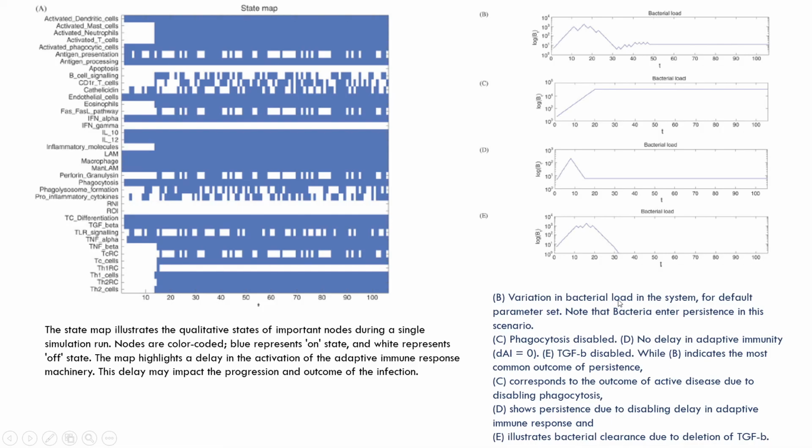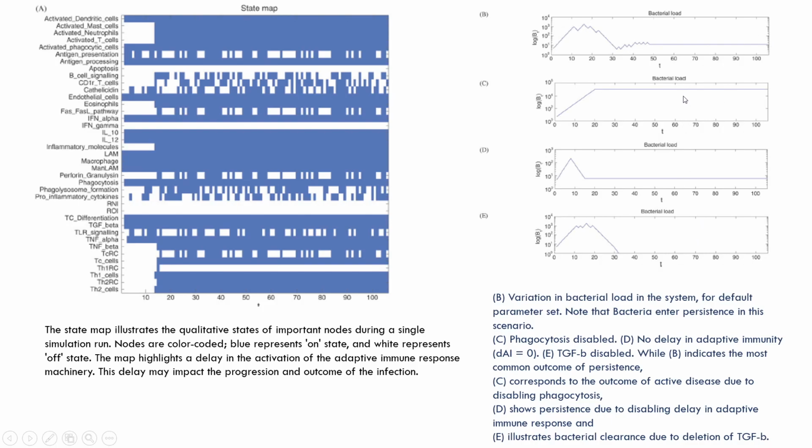So if you delete TGF beta, knockout or something. Sorry, the first one is basically for the default parameter set. So this is how the bacterial load is changing with time, and these are the different perturbations.